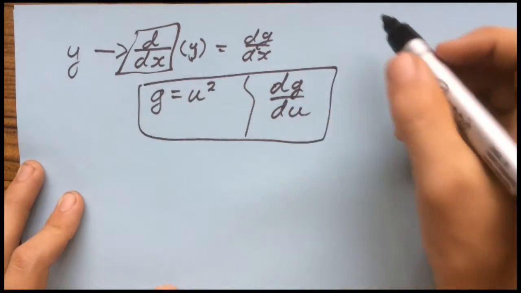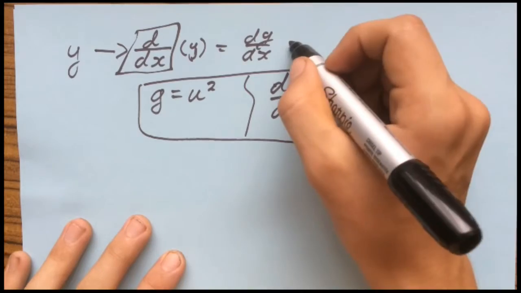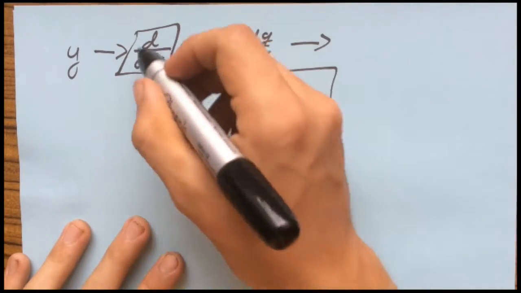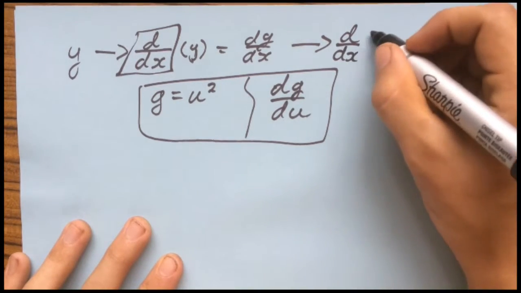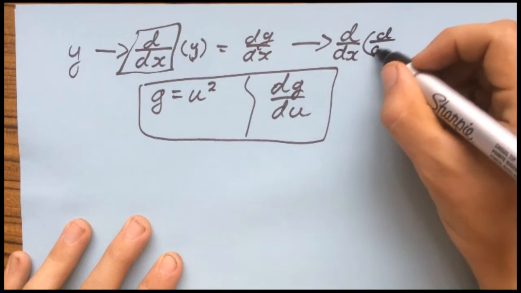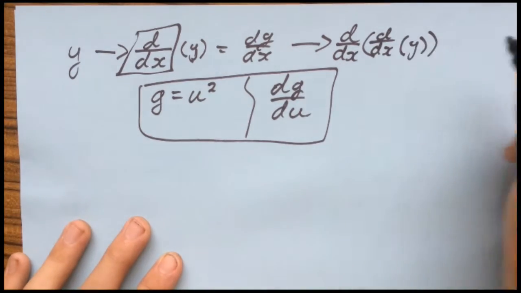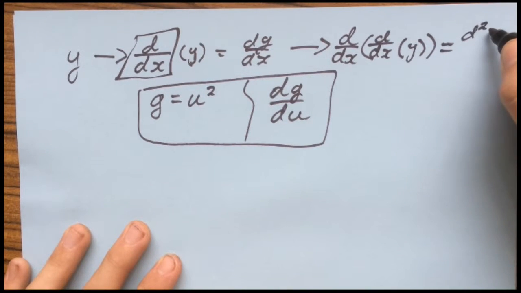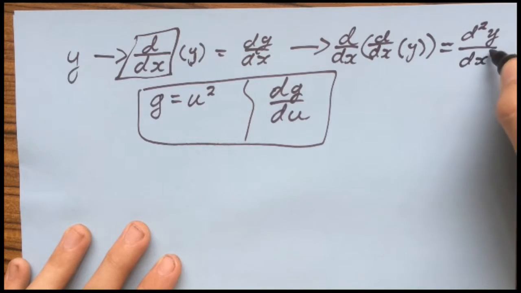And if we were to derive this again, we would be multiplying again by the differential operator. So that would be d over dx multiplied by d over dx multiplied by y. That would give us d squared y over dx squared.